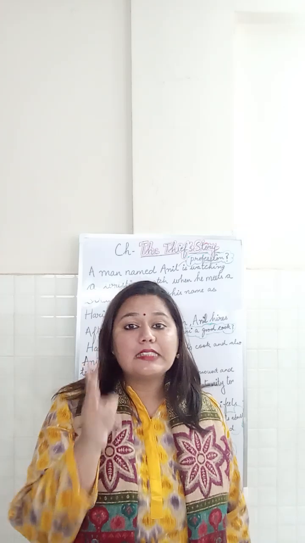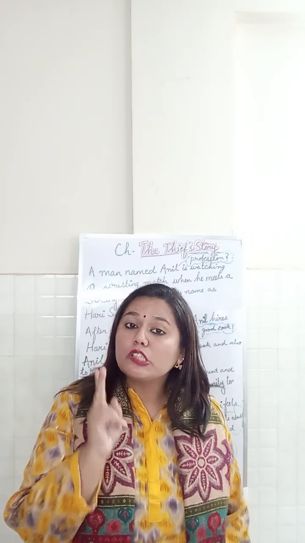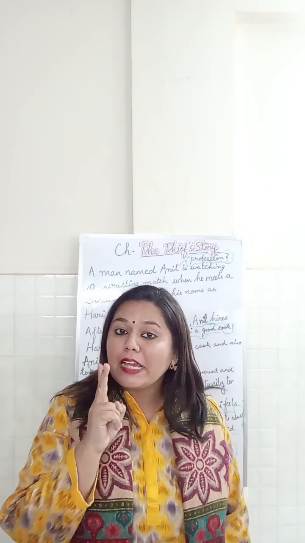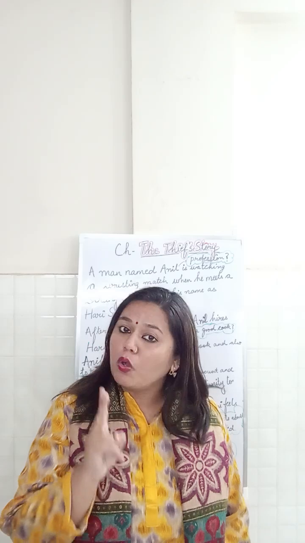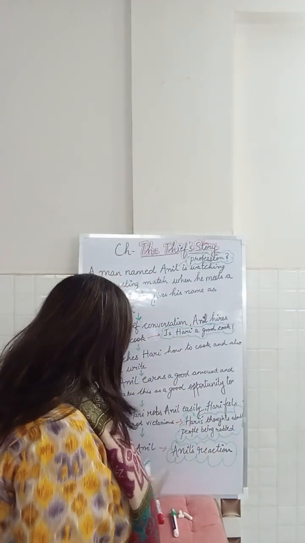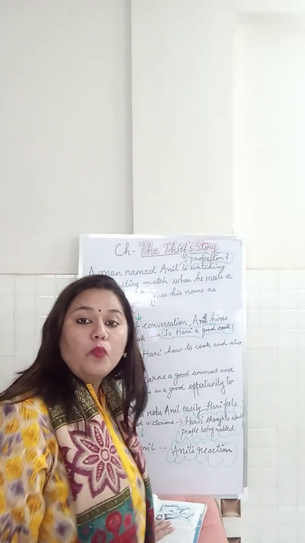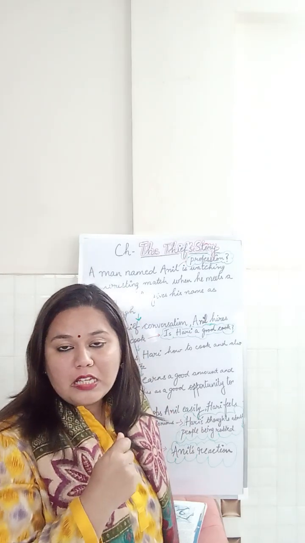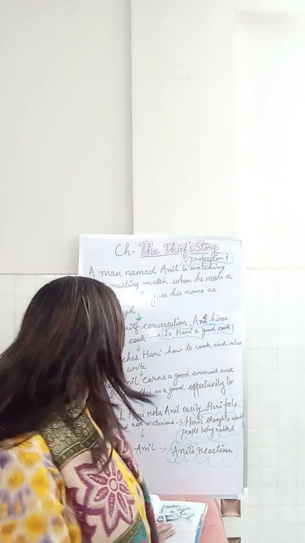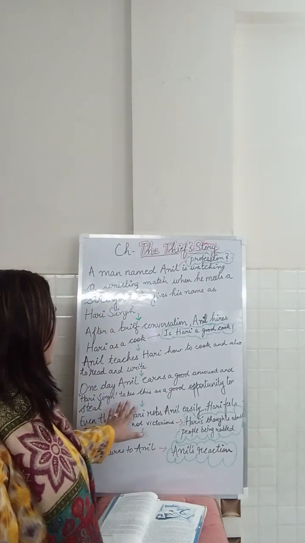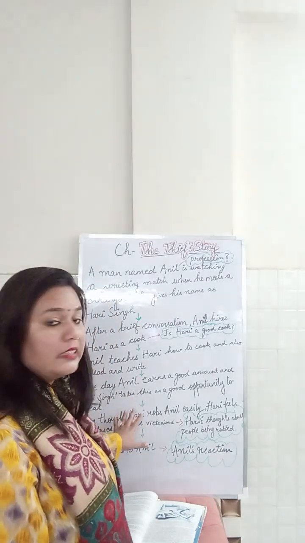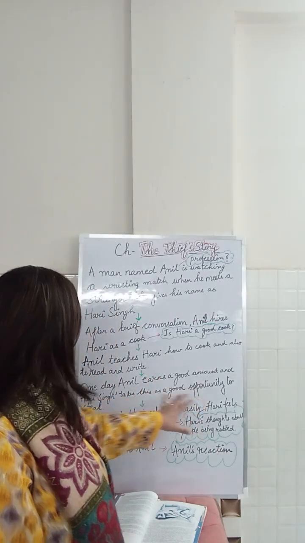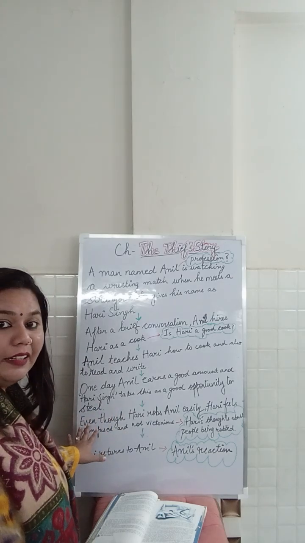That is one. Second, Anil was also not earning an income on a regular basis. But one day, Anil came back home with a bundle of notes in his hand. And when Hari saw it, he considers this a good opportunity to steal.